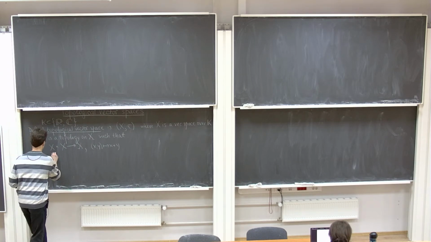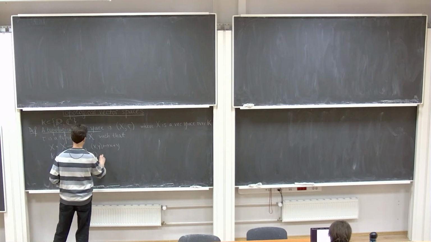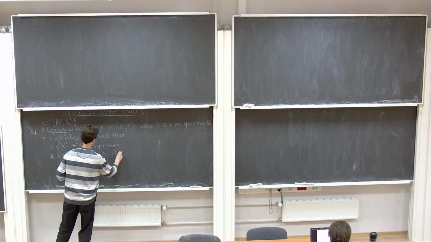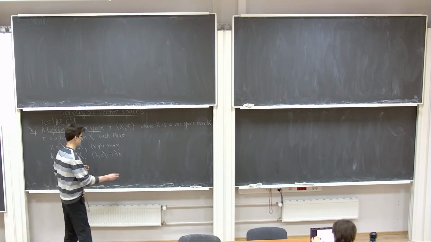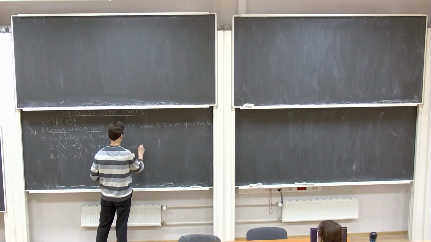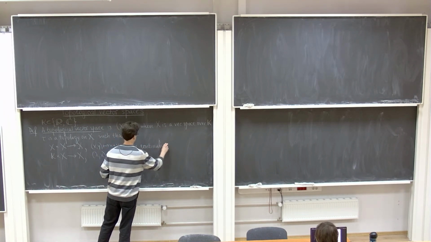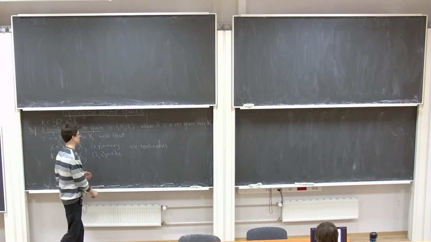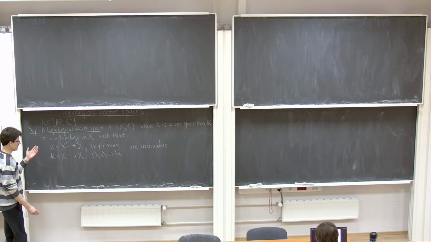This is a map from K cross X to X. So these operations should be continuous with respect to our topology. Okay, so these are our objects.